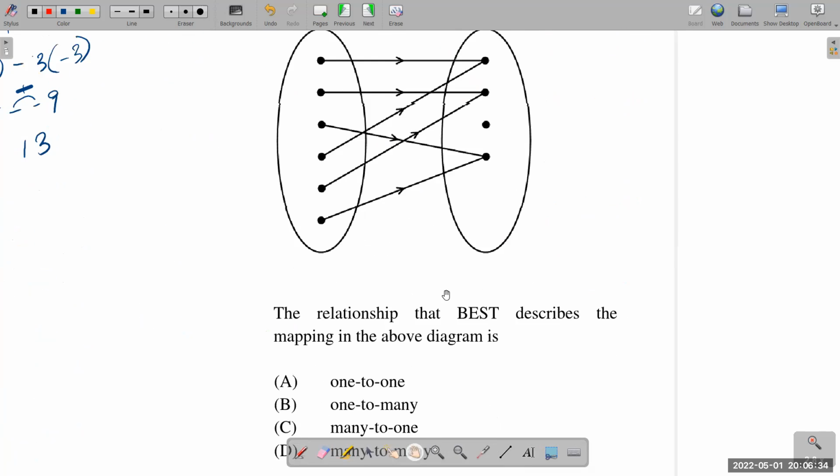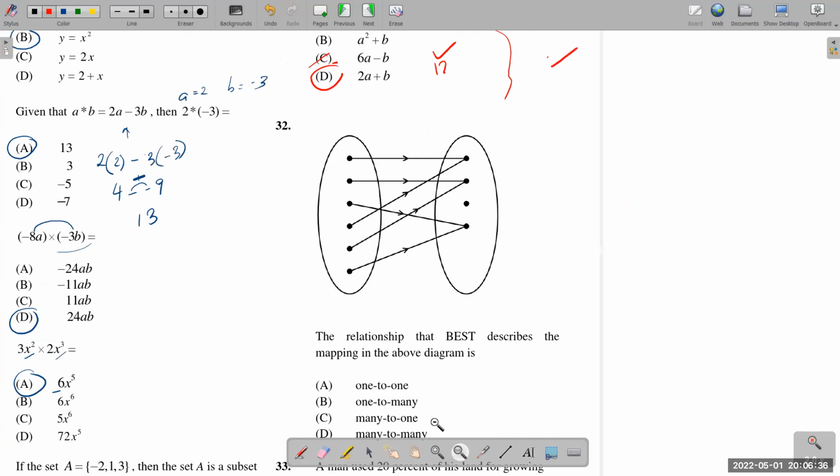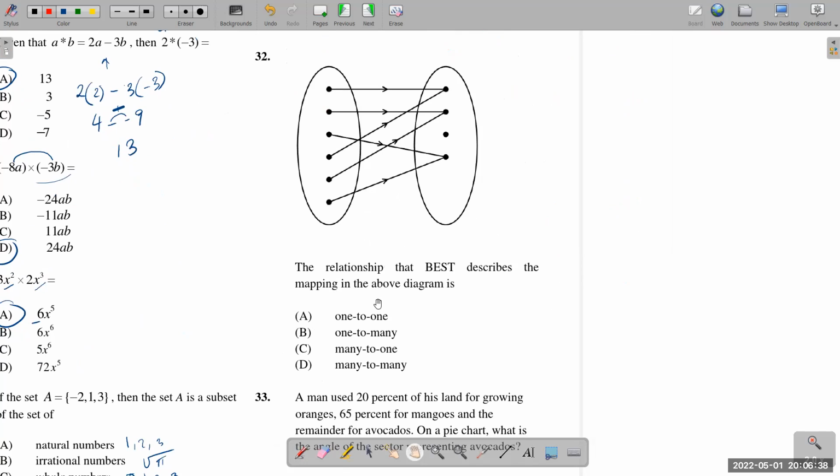What type of function, what type of mapping is this? Excellent. It is many to one. Look at it. This one got 2 going to it, so that's many to 1.